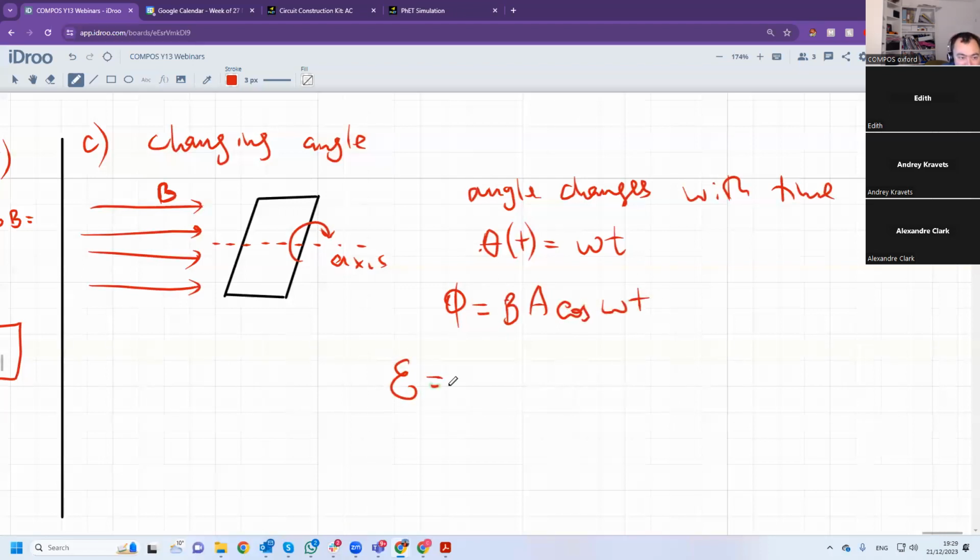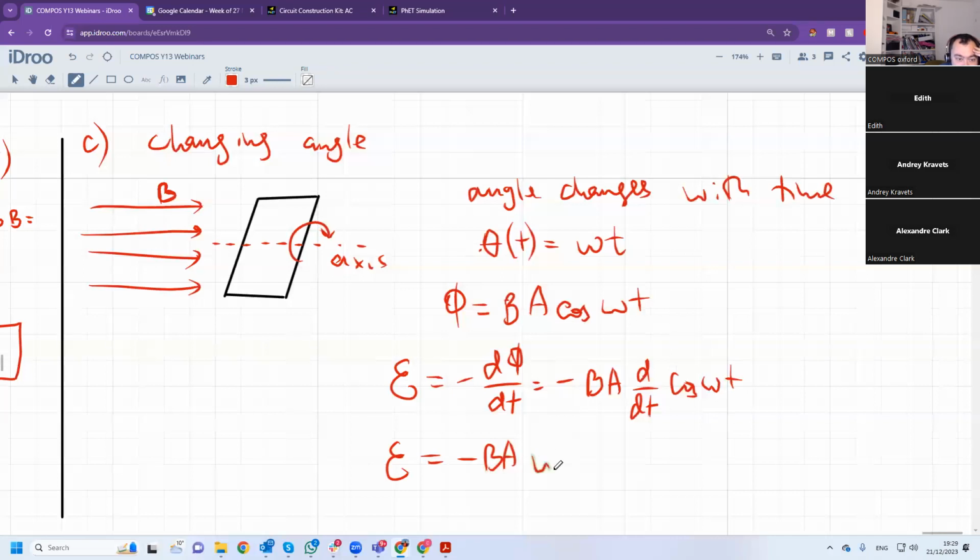And EMF is minus d phi dt, which is minus BA, which are constant, multiplied by d of dt of cos omega t. So EMF is minus BA omega multiplied by sine omega t, but with a minus or plus.